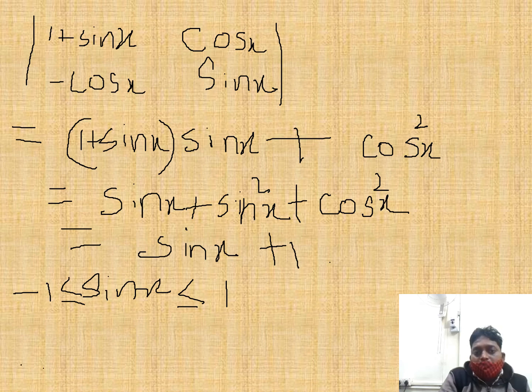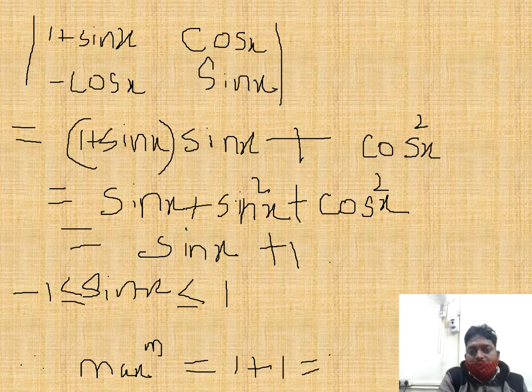Therefore the maximum value of this expression will be 1 plus the maximum value of sin x. The maximum value of sin x is 1. 1 plus 1 becomes 2. So the maximum value of this question will be 2.